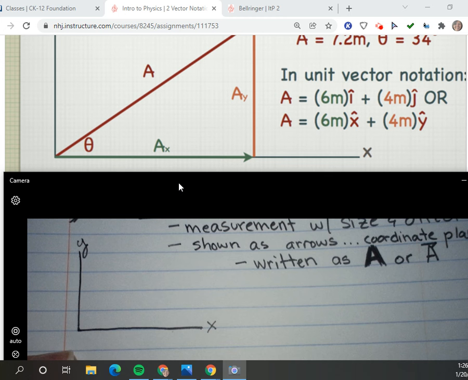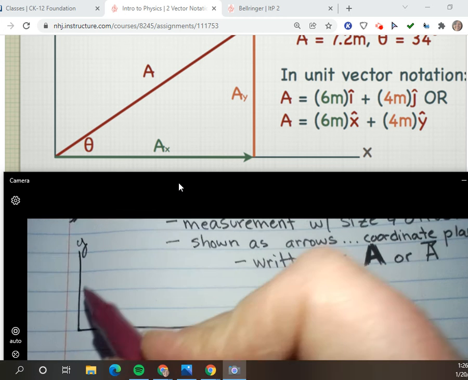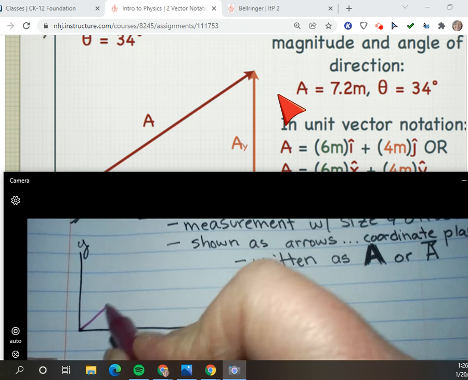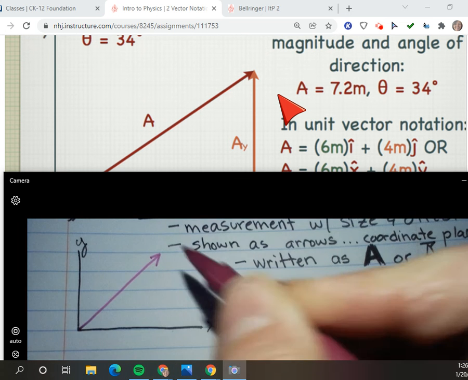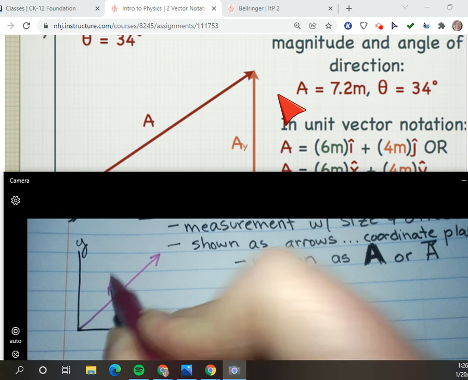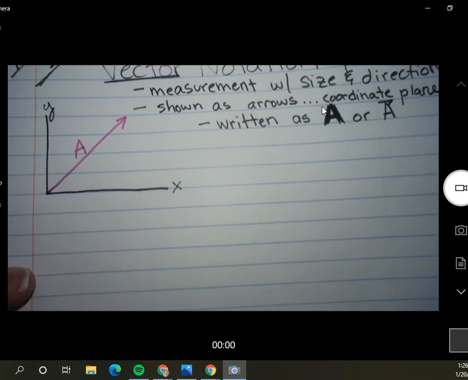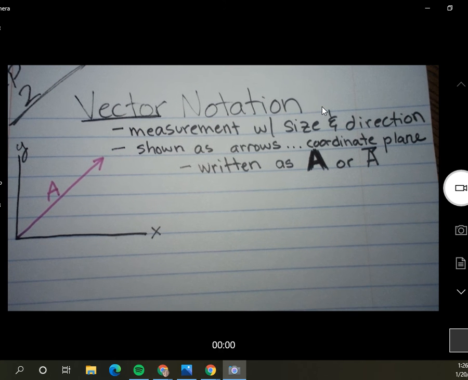Our vector drawing comes from the origin and it goes straight up, and it is labeled A. We'll come back to that picture in a second, but let's digest what it says.